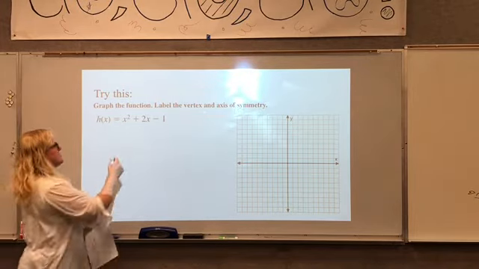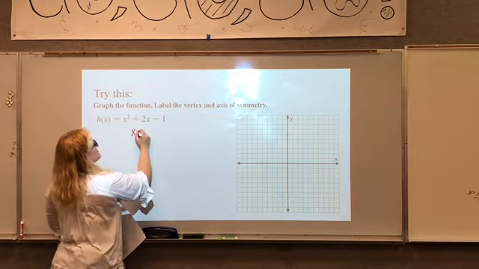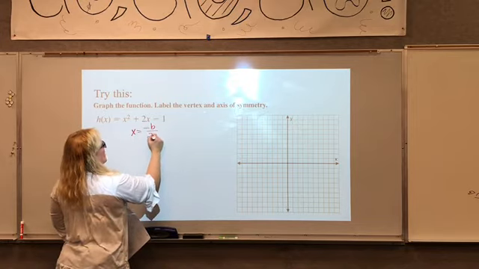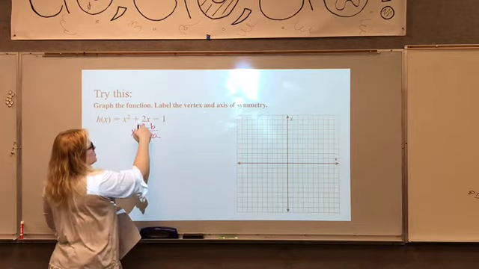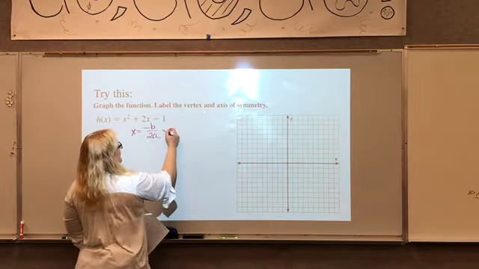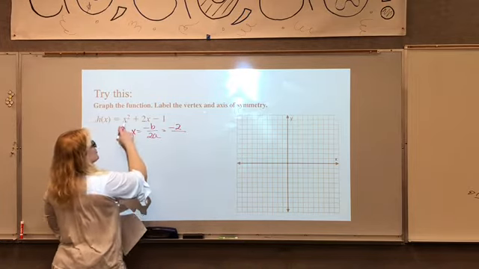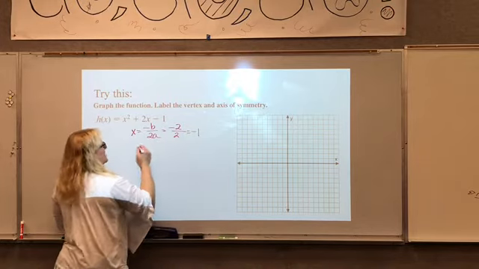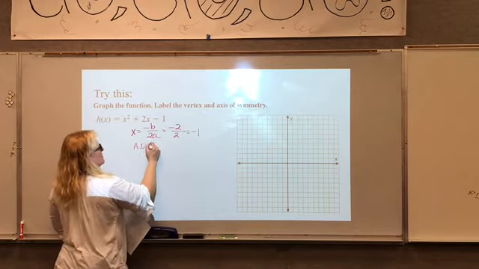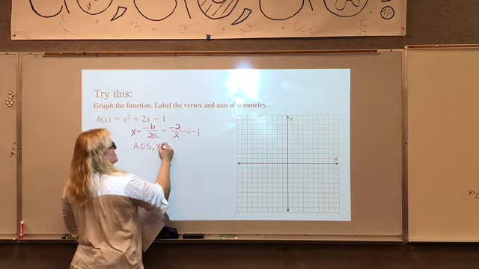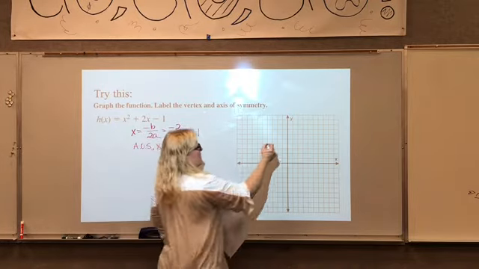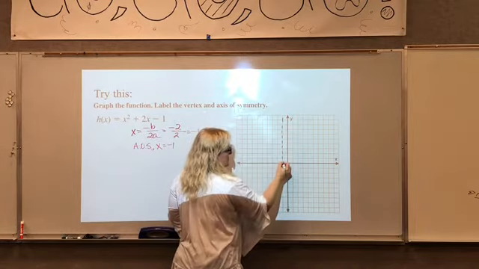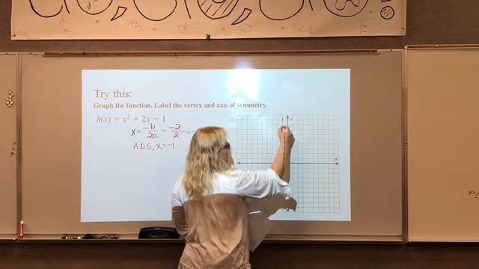Okay, so my axis of symmetry, x equals negative b over 2a. B is 2, so this is negative 2 over 2a, a is 1, so it's 2. So my axis of symmetry is x equals -1. So here it is, right here.